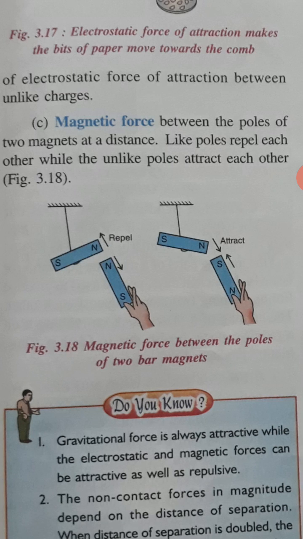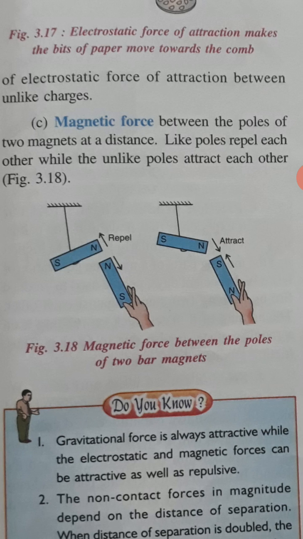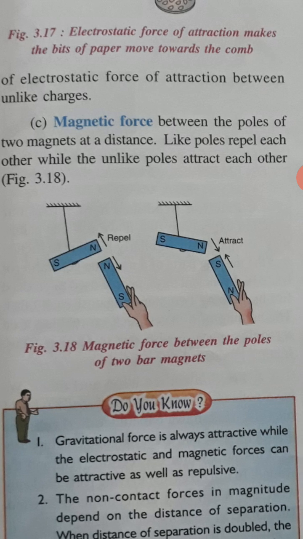So we have seen three non-contact forces. What are the three non-contact forces? One is the gravitational force, second is the electrostatic force, and third is the magnetic force. Regarding magnetic force, you see here, like poles repel each other. Same poles repel each other. North pole and north pole of a magnet will repel each other.